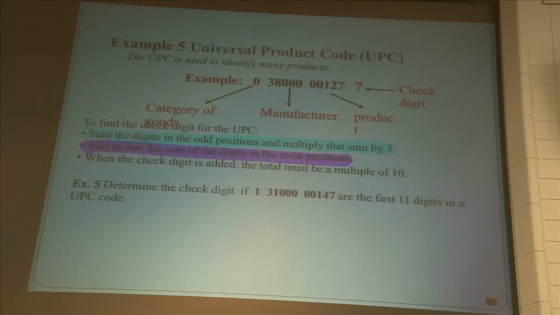Then from there, you have to add a number that makes it a multiple of 10. So let's rewrite that last step. That number that you add is your check digit.